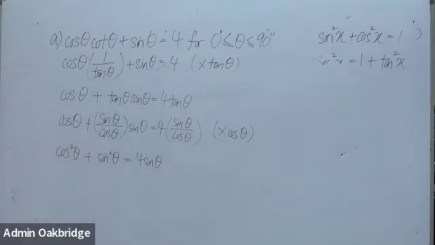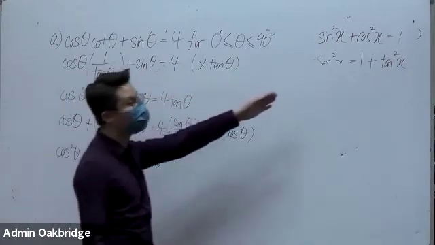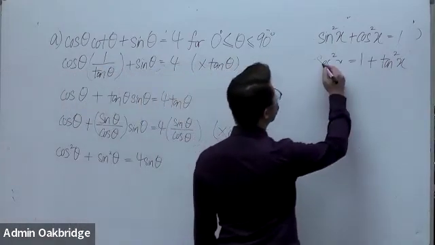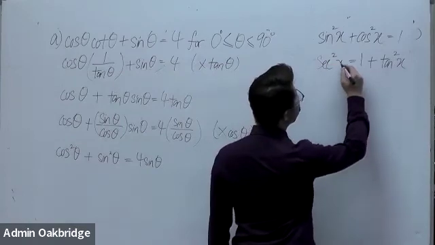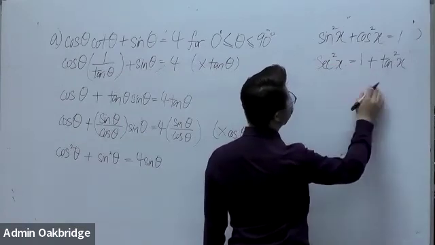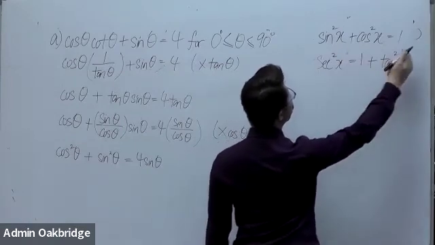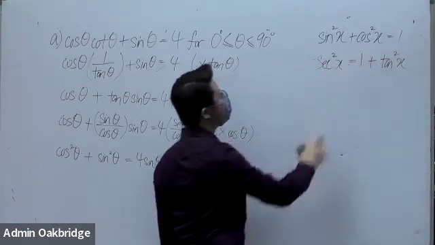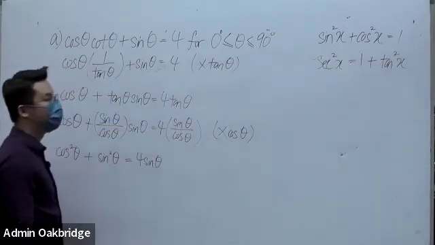Okay, so what's good? What do you see here? Hey, now you see square. Right, somehow now we see square. So we can go back to our identity. Let me rewrite all this. Okay, let's look at this one. The first one, you see, sine square plus cos square is 1.